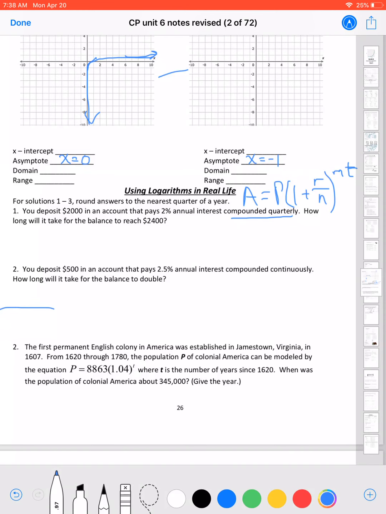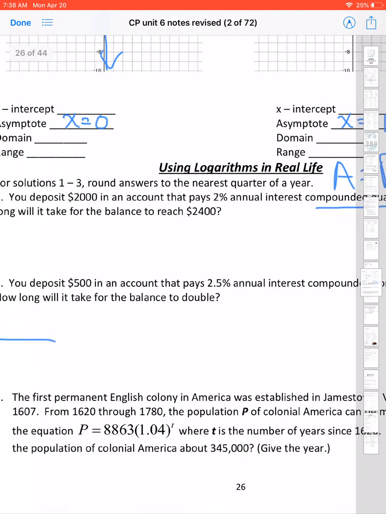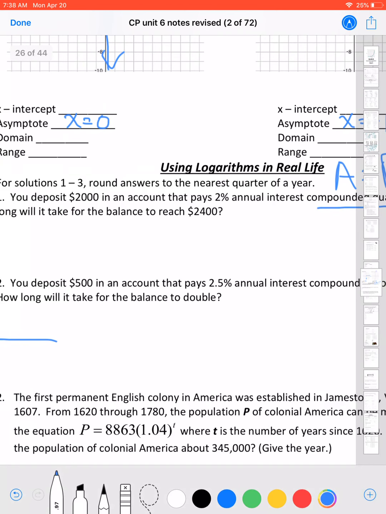So, I'm going to zoom in so that way you can actually read my handwriting. We know that it's becoming $2,400. That's what we were solving for before, but now we know that.